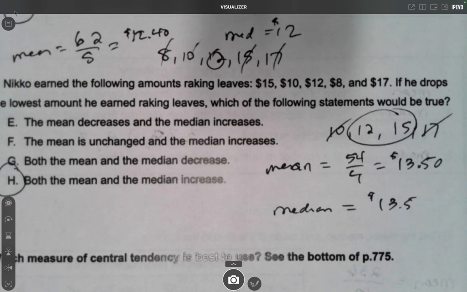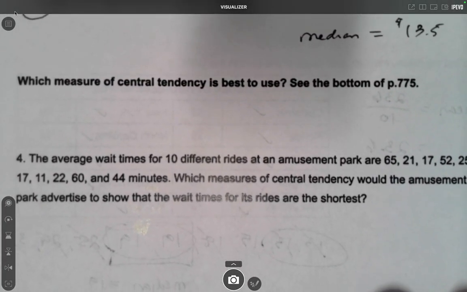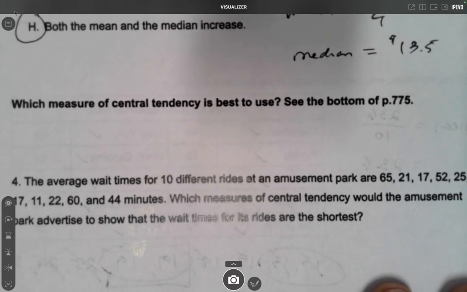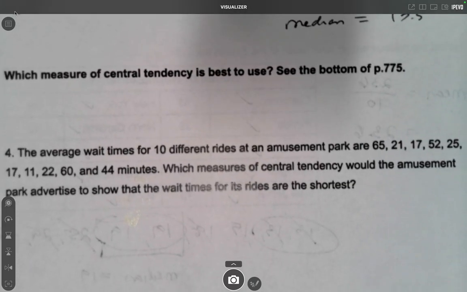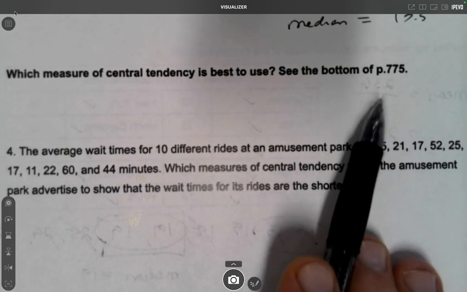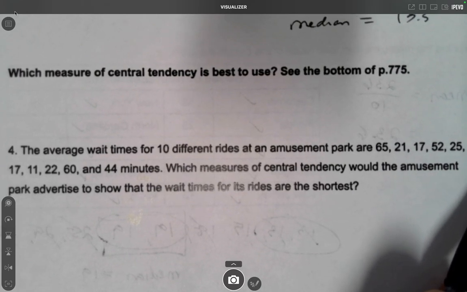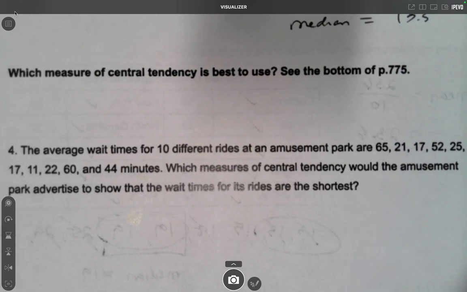So one question, and this question is not just talking about the 2 situations we just looked at, but saying in general, which measure of central tendency is best to use? Now it's explained pretty thoroughly in our book at the bottom of page 775. But I will just say this for the sake of the video.